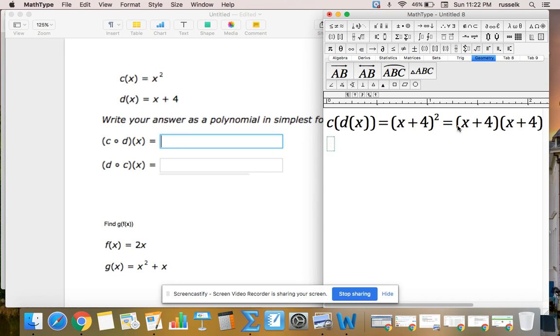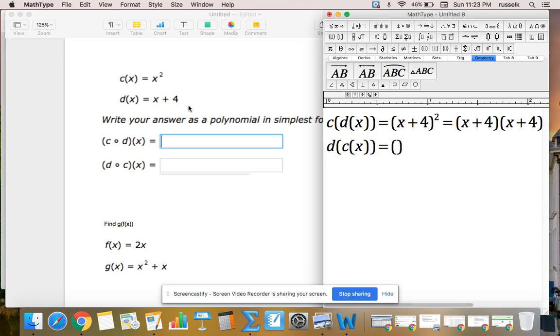When you're working these problems, the order does matter. So they then ask us to find d of c of x. Same thing. I would go to d of x and write that equation, but anywhere I see an x, I'm going to leave a blank spot. I always put parentheses there just to remind myself that's what I'm plugging into.